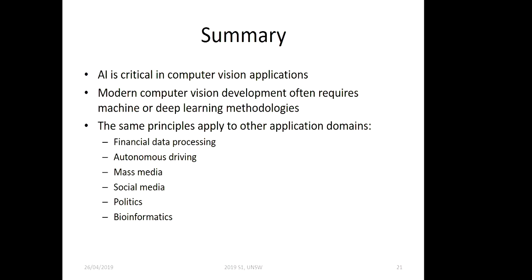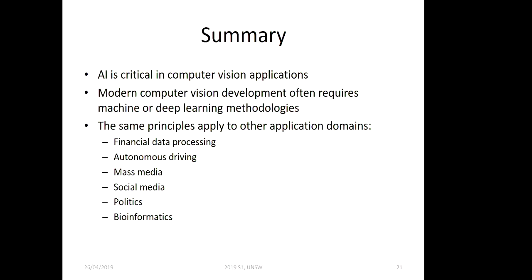So that goes to the summary of this first session. AI is critical in computer vision applications. And modern computer vision development often requires machine learning or deep learning methodologies. And the same principles, the 4 steps for you to develop those machine learning models, can apply to any application domains.